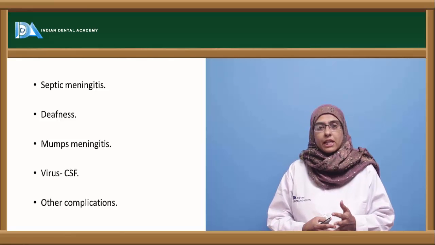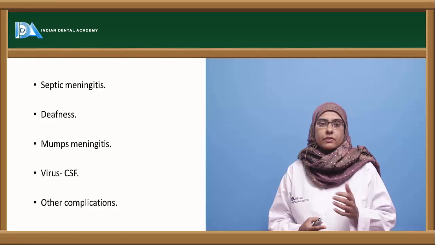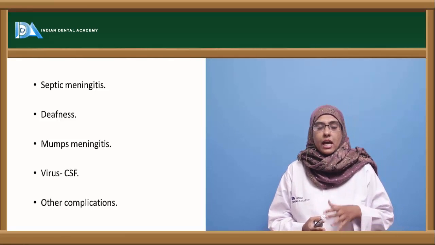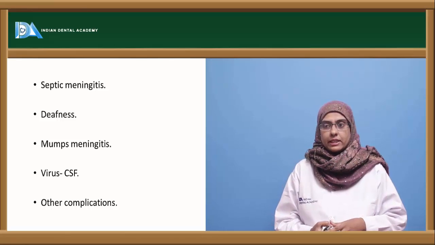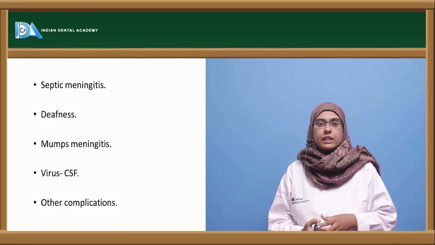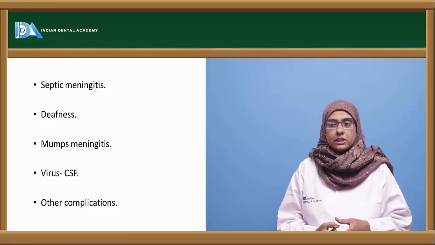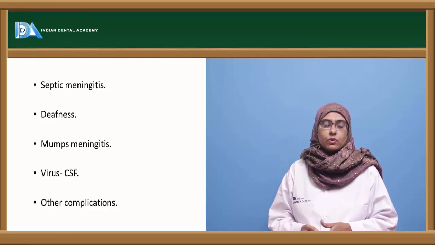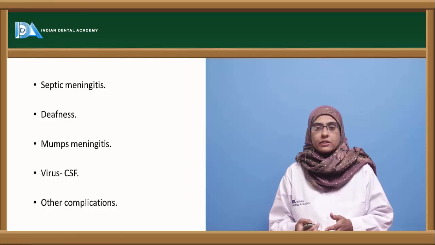Mumps meningitis usually resolves within a few days without sequelae, but sometimes can lead to deafness in certain individuals. Mumps meningitis can occur without the involvement of parotitis. Virus can be isolated from the cerebrospinal fluid in the initial stages or early signs of the disease. Other complications associated with this disease are oophoritis, myocarditis, thyroiditis, pancreatitis, etc.